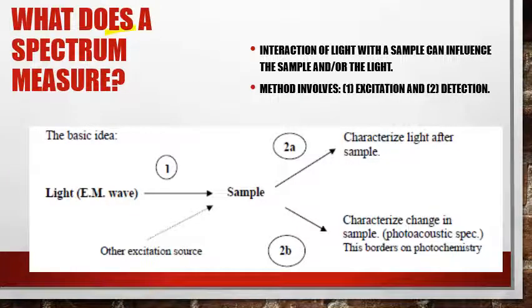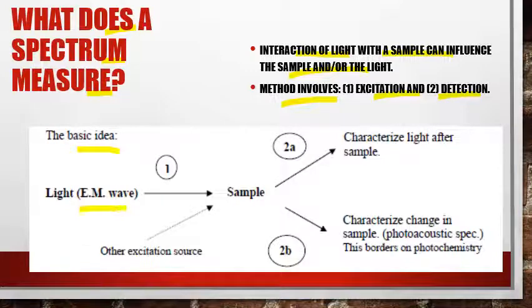What does a spectrum measure? The interaction of light with the sample can influence the sample or the light. The method involves excitation and detection. Here you have the basic idea.